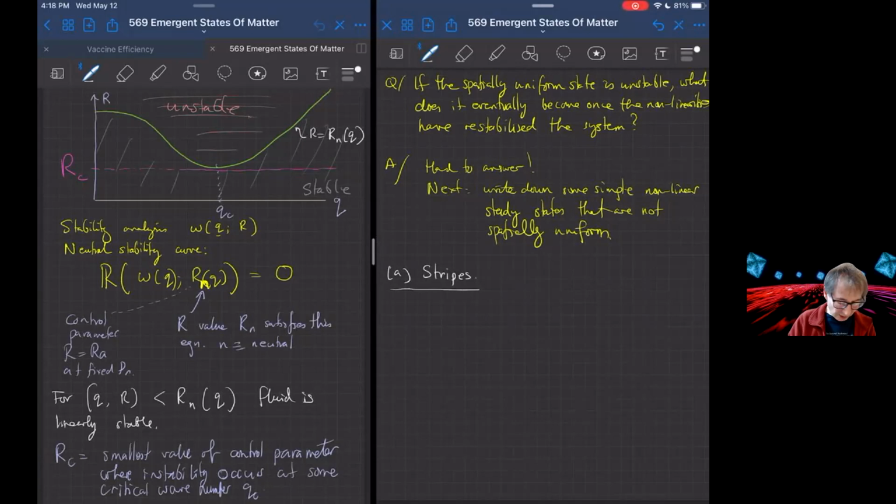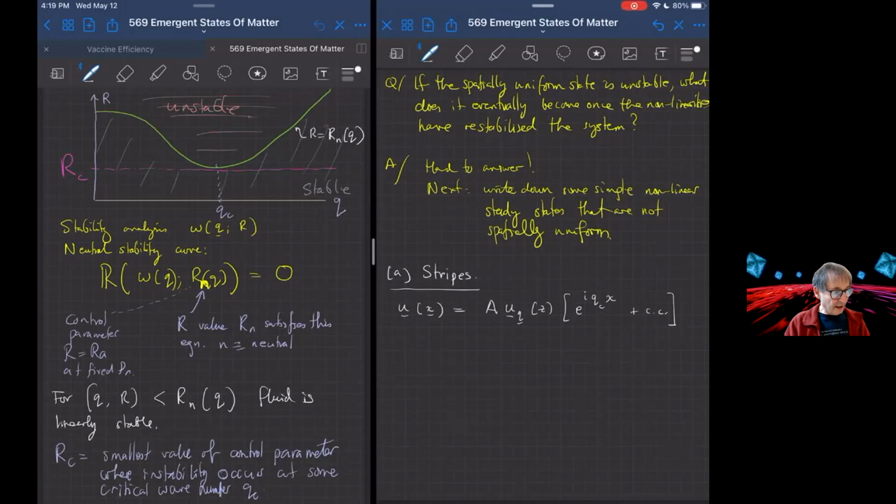And so let me give you an example. So the velocity field of the system has the following functional form. It's A times some function that depends on the wave vector Q in the Z direction times a modulation in the X direction that looks like that.